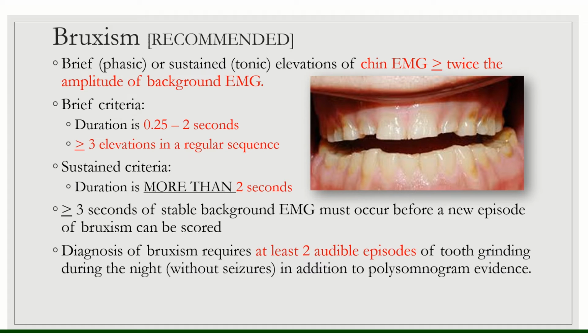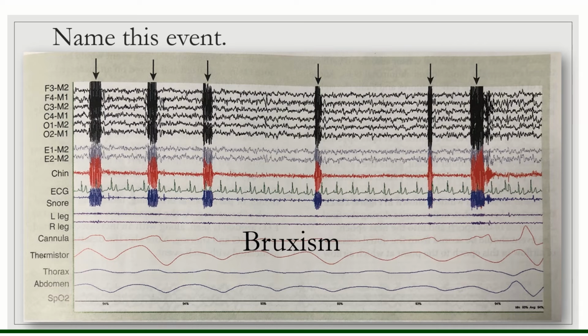So let's go back to our example. I would say the first 3 are our 3 elevations that are at least a quarter of a second to 2 seconds, and we do have at least 3 that occur in a regular sequence. But the last 3 are not in a regular sequence.